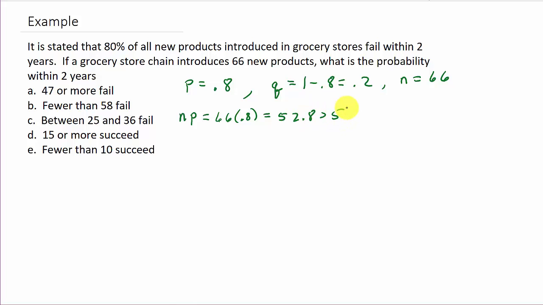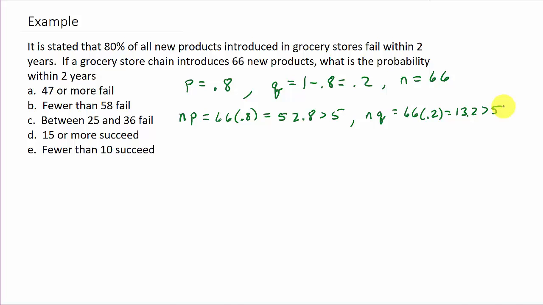So we're good there. Now let's check n times q. Well, n times q is what? 66 times 0.2. So 66 times 0.2 is 13.2, which is larger than 5 also. So we can use the normal to approximate this binomial.